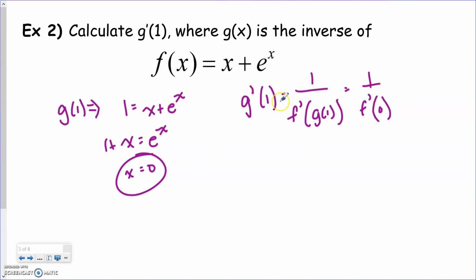So then our derivative, f prime of x, is going to be 1 plus e to the x. So we're going to plug that in. We're going to do 1 over 1 plus e to the 0, which is 1/2. I probably should have found my derivative first just to help you out there.